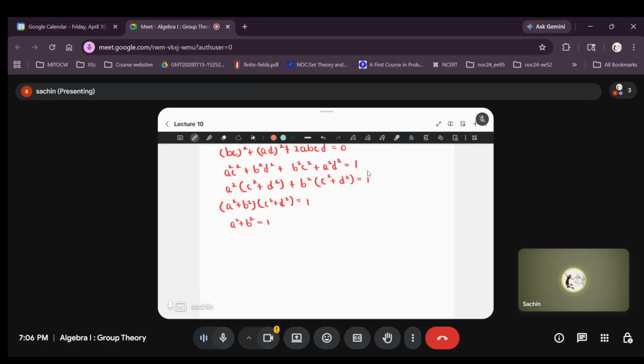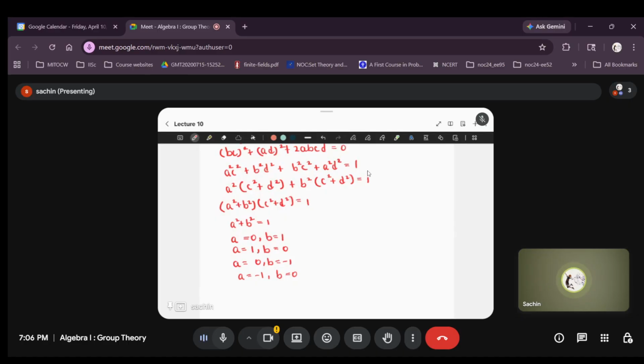So there are just four possibilities: a is 0, b is 1, or a is 1, b is 0, or a is 0, b is minus 1, or a is minus 1, b is 0. Because we need integer solutions, these four are the only solutions.